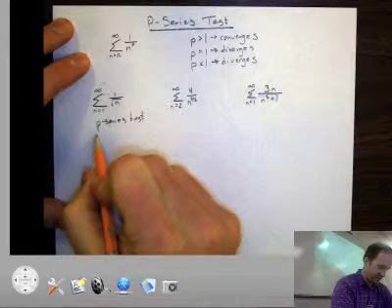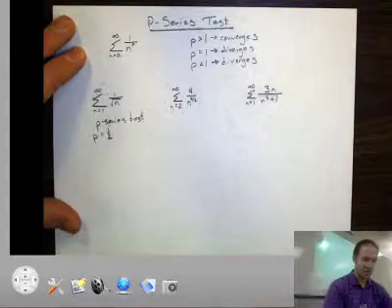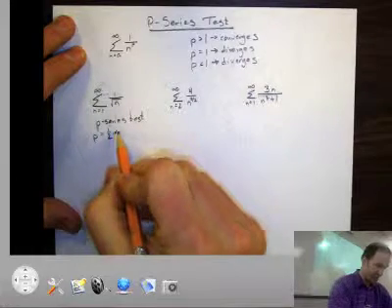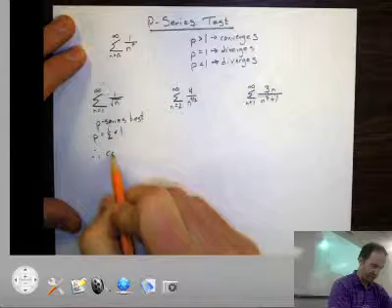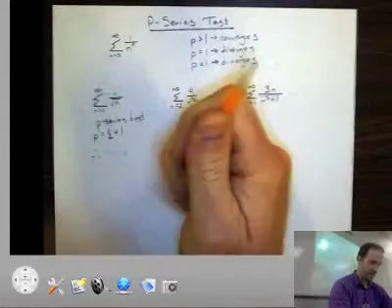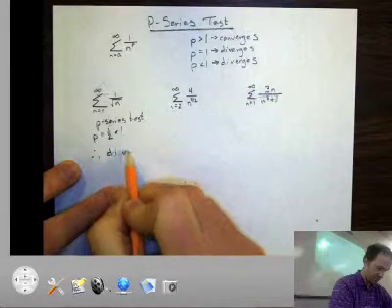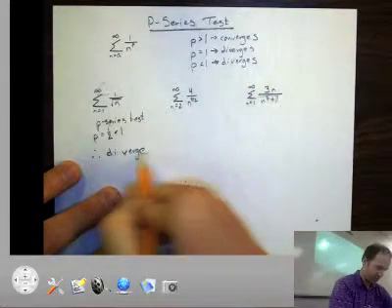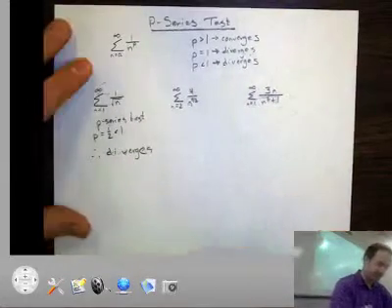And p is 1/2. This is the condition that you have to check. And 1/2 is less than 1. Therefore, this series, when p is less than 1, it diverges. Therefore, the series diverges. And it's as easy as that.